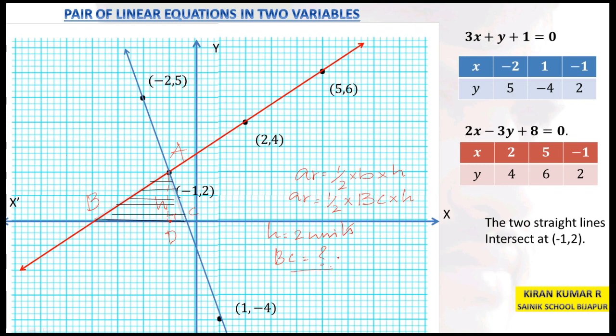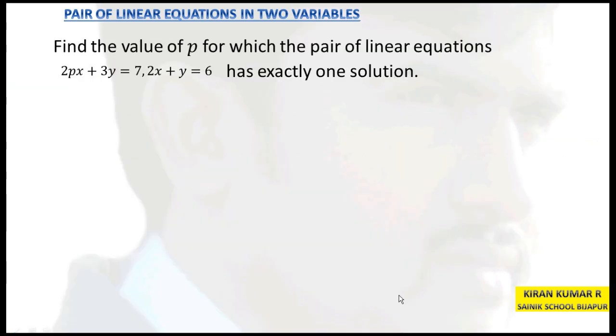With this length of BC and the length of height, we can find the area. Area will be 2 multiplied to whatever BC length was there into 1 by 2, half base into height. This is how we have to solve in the next question.